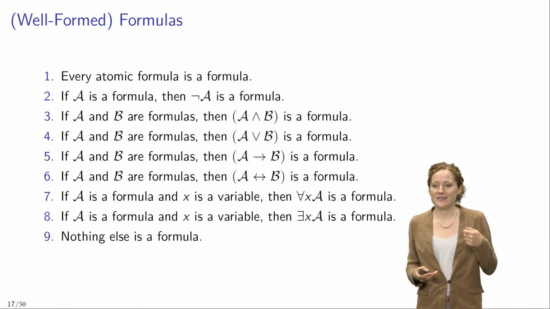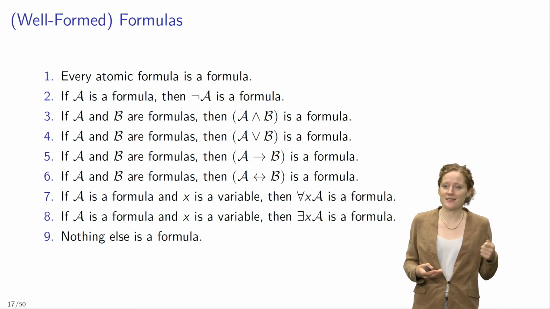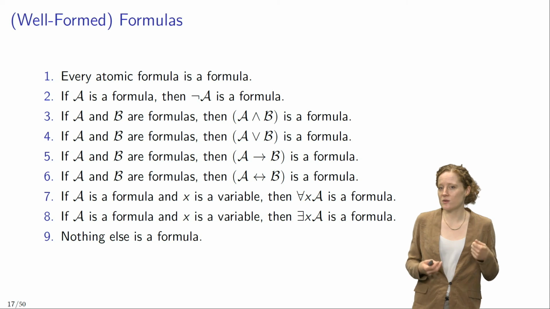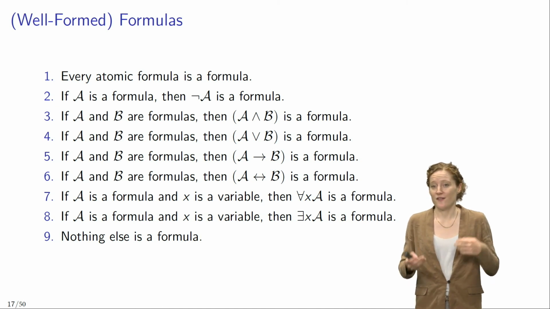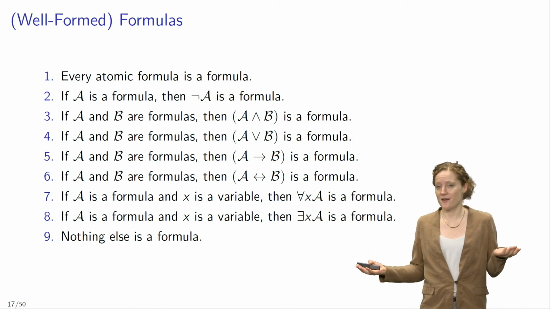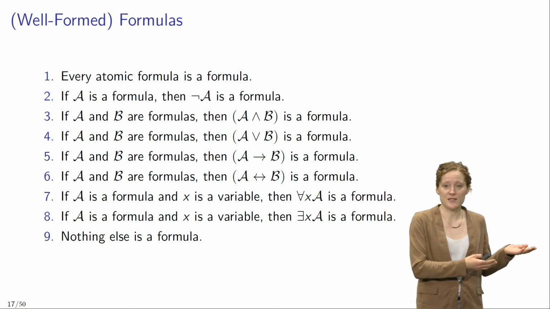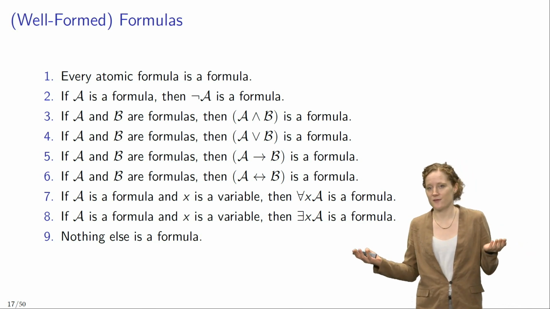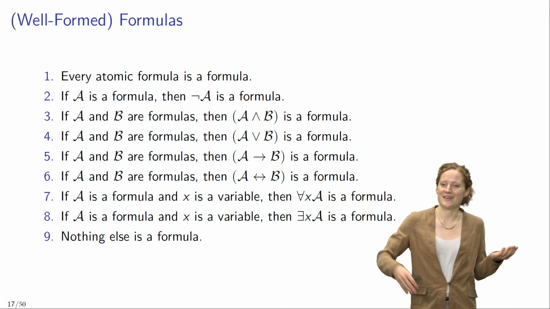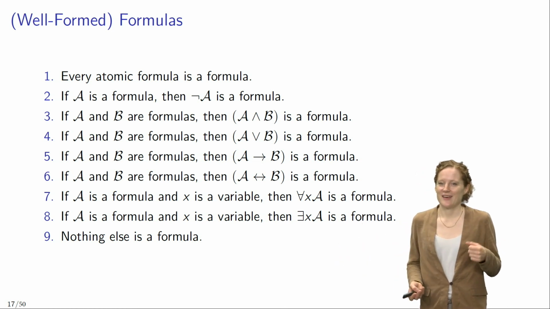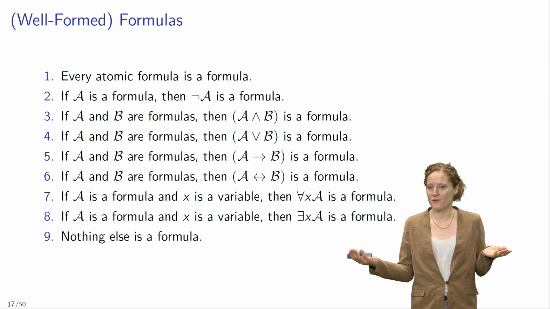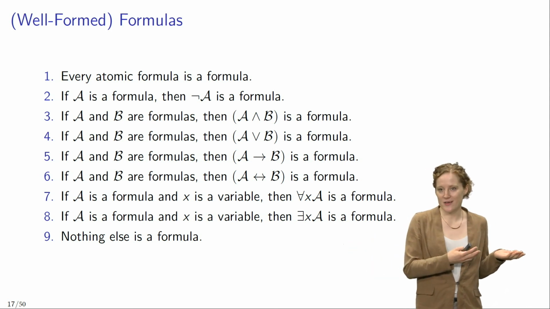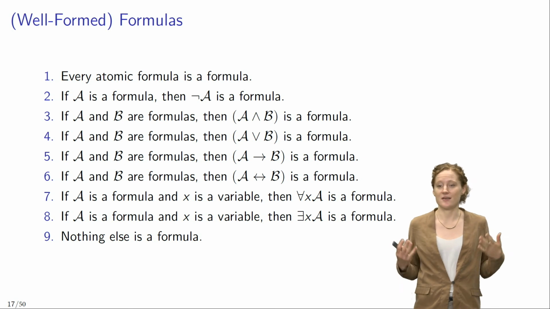And then lines 2 to 6 explain how you can use Boolean connectives to construct complex formulas out of atomic ones. So if A is a formula, then not A is a formula. If A and B both are formulas, then A and B is a formula. If A and B are formulas, then A or B is a formula. And if A and B are formulas, then the conditional if A then B is a formula. And if A and B are formulas, then A biconditional B is a formula as well.